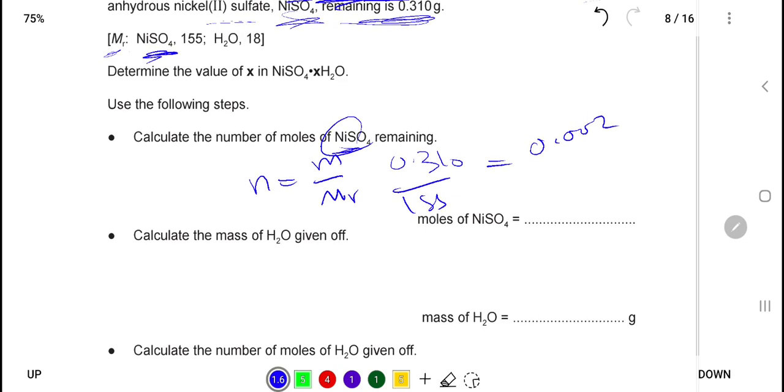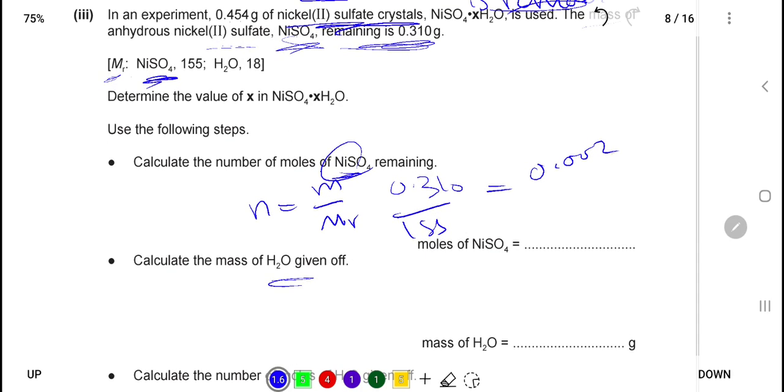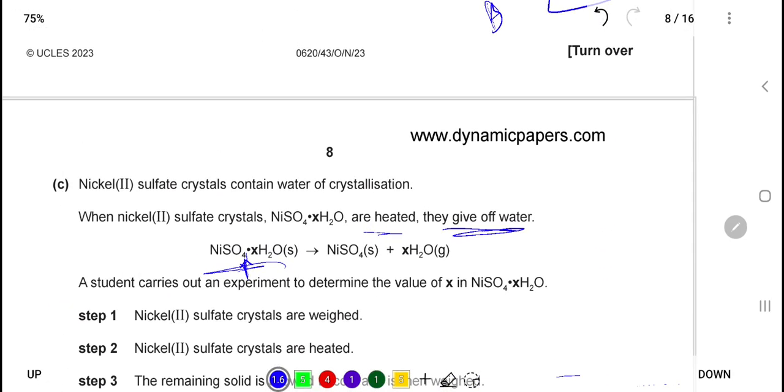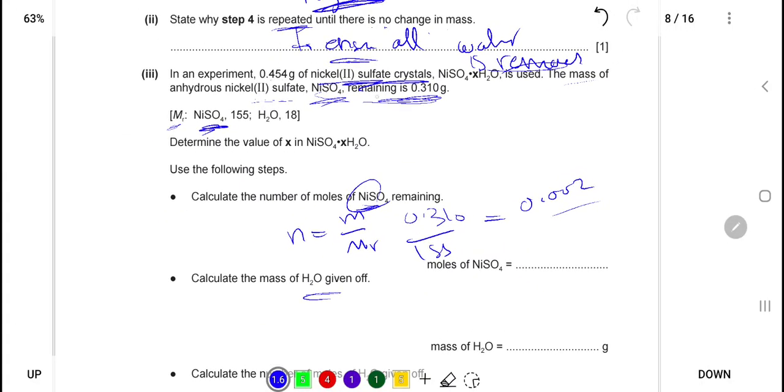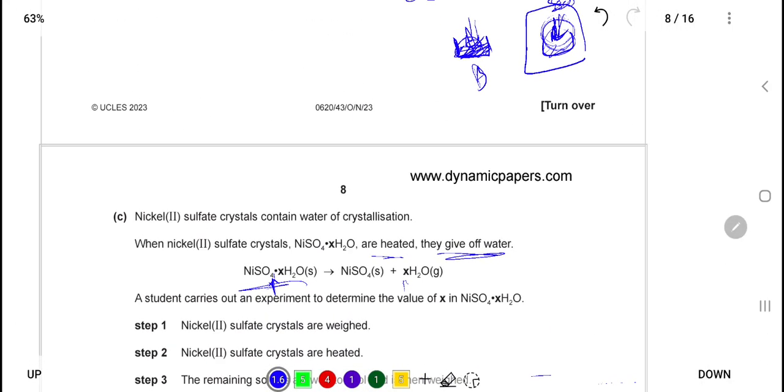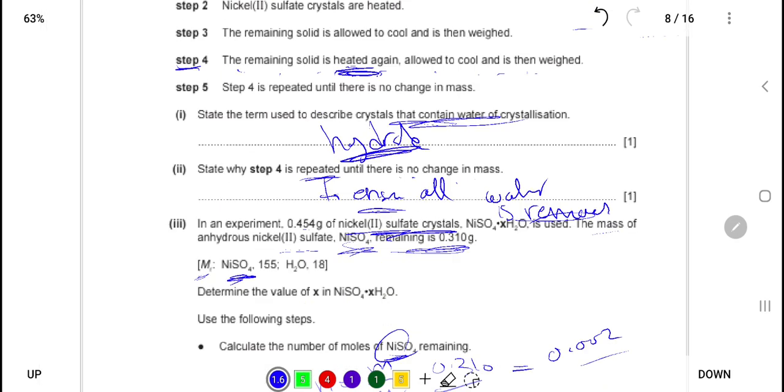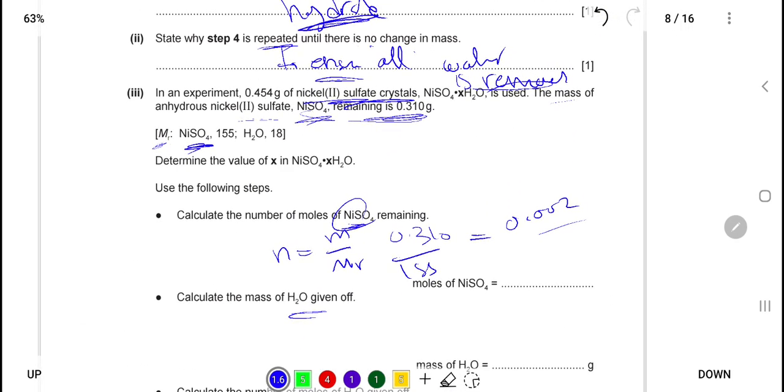Now calculate the mass of H2O given. You won't be able to use the moles because it did not give you the moles of it, so you cannot compare the moles. But instead, they gave you the total mass of the full reaction, and the mass of this. So for sure the mass of this is going to be the total minus the mass of this. The total mass was the reactant mass, since there's only one reactant, nickel sulfate crystals.